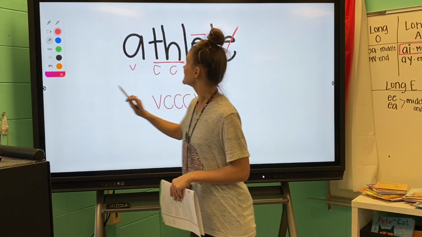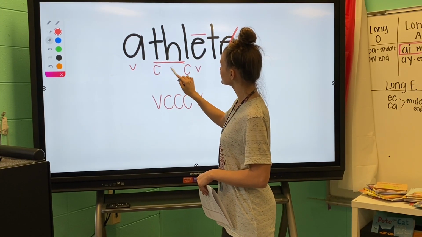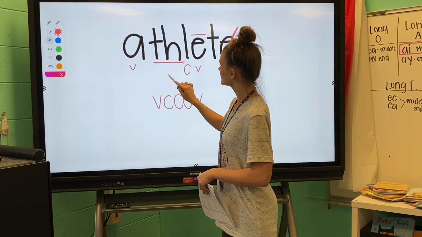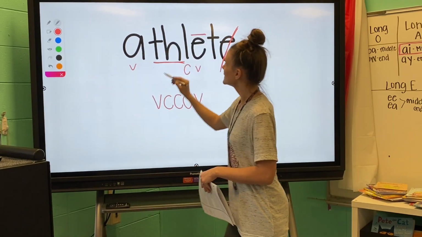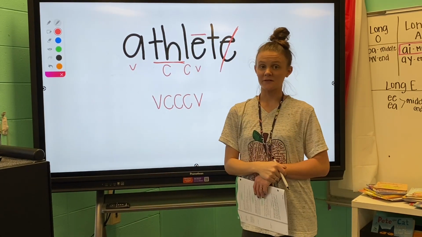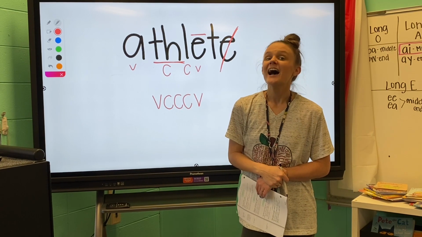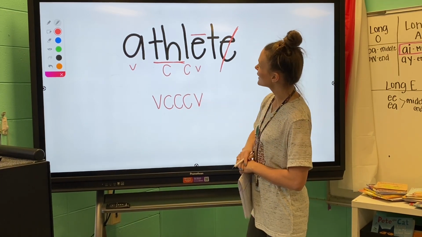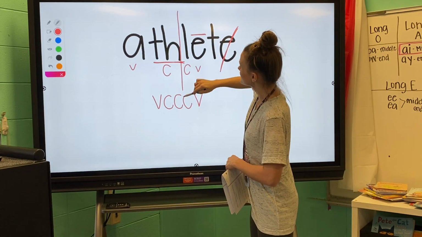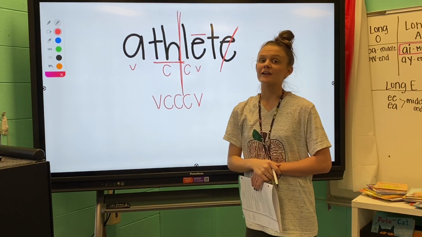So I'm going to erase my two C's, and I'm going to replace it with one C. Do you guys see now where we need to put our line? Yes, between our two consonants. That would be after the digraph and before the consonant L.